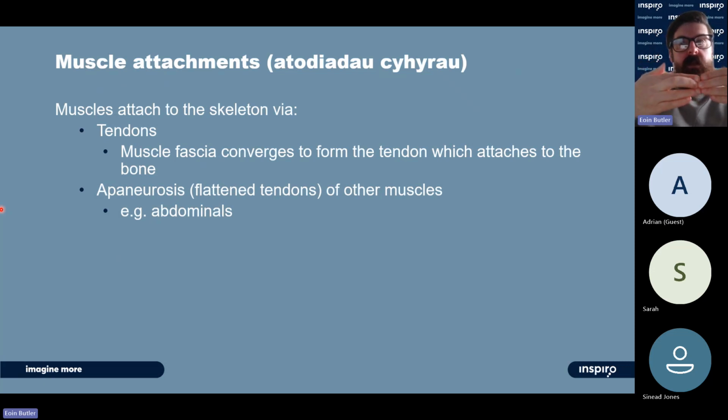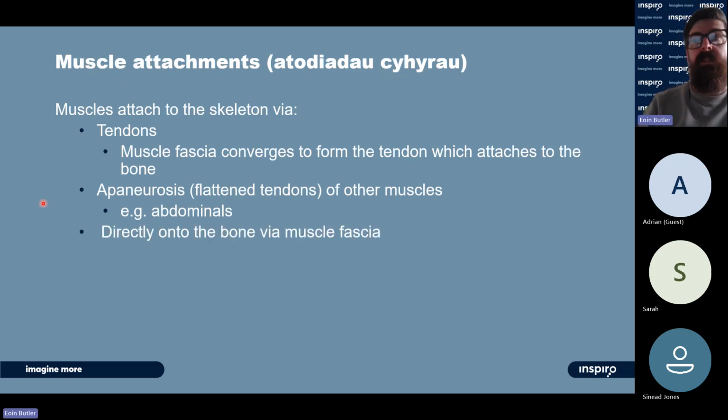They join together, flattened tendons of other muscles, joining together to hold. During pregnancy, as the fetus grows, that aponeurosis will open up, allowing the abdominals to widen to allow the fetus to grow as well. So aponeurosis are flattened tendons of other muscles.